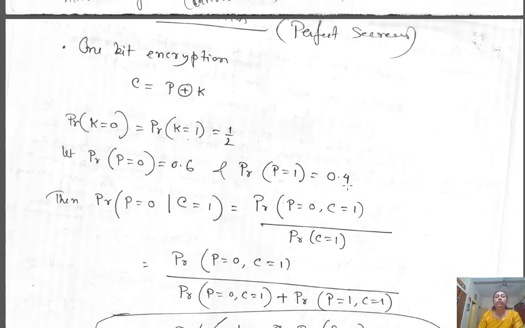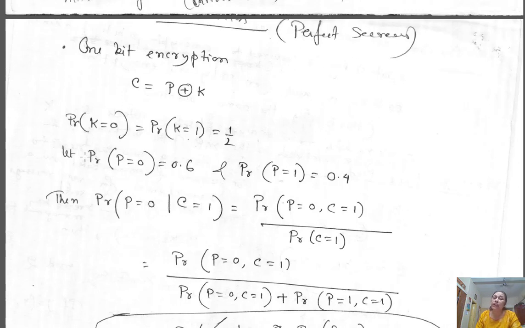Now think: if you take 2-bit encryption, your plain text space is 00, 01, 10, 11. K is also 00, 01, 10, 11. Ciphertext is also this. If you consider 2-bit encryption and all the keys are chosen uniformly, will that provide perfect secrecy?